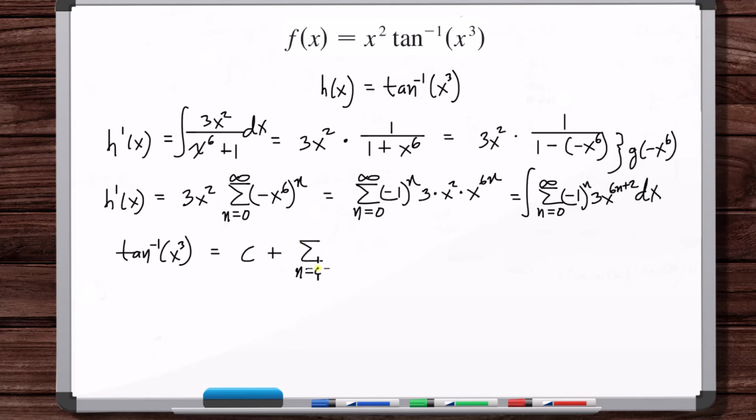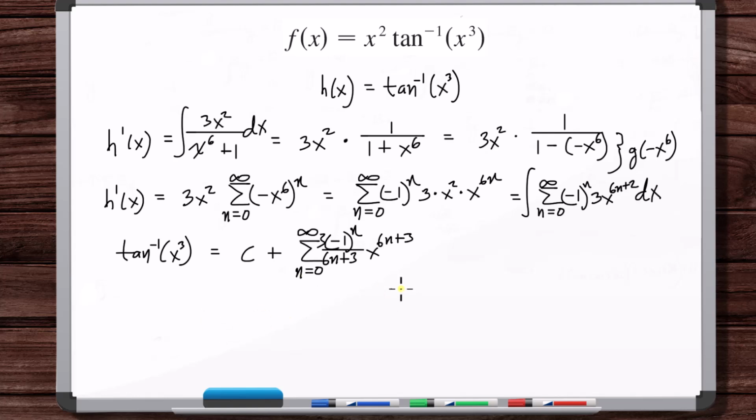We don't have to change the start point or anything like with differentiation. So we're going to have minus 1 to the n, and then over 6n plus 3, we'll have a 3 here, and then x to the 6n plus 3.